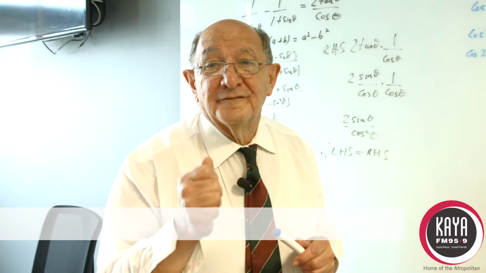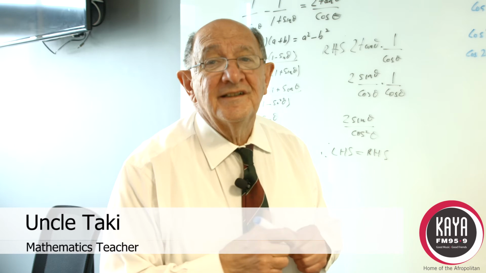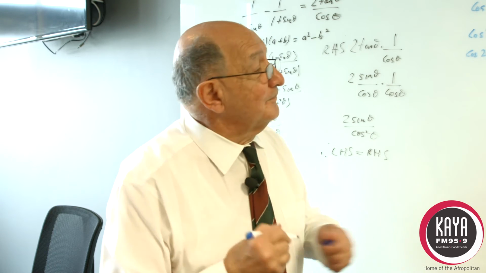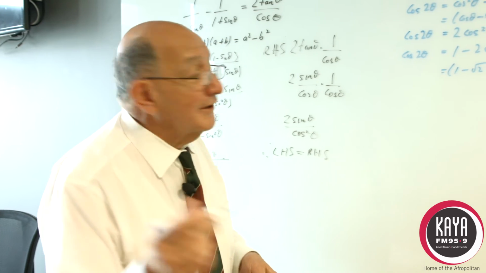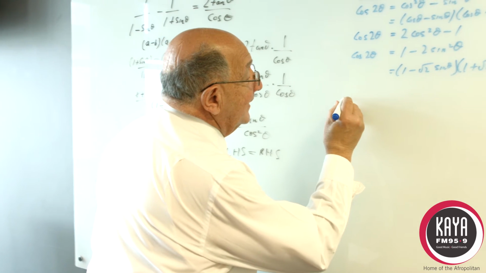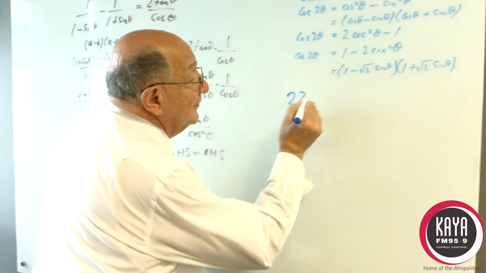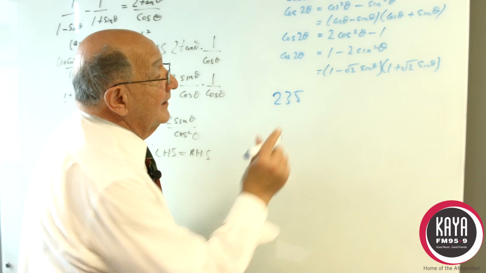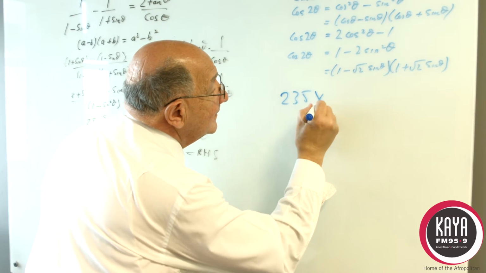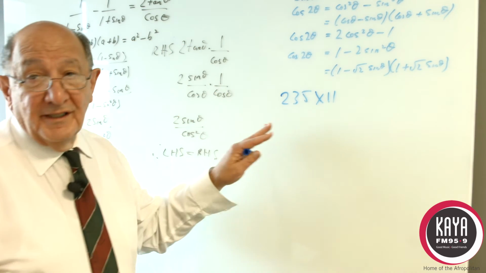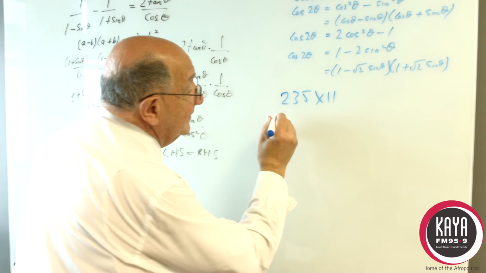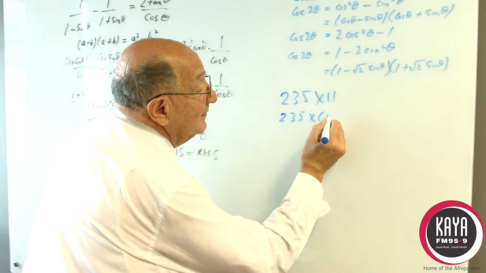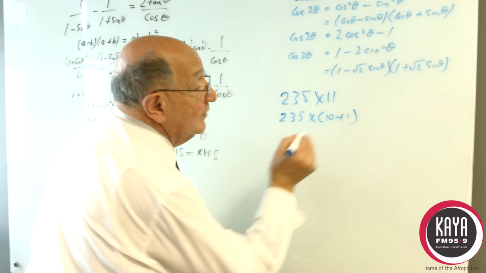This is another Funda Tanda moment. I'm going to show you how to do the 11 times table. So normally if we take a number like 235 and we multiply by 11, instead of multiplying directly by 11, we take 235 and multiply by 10 plus 1.